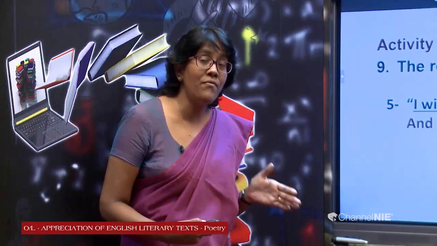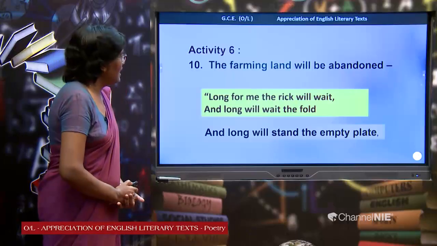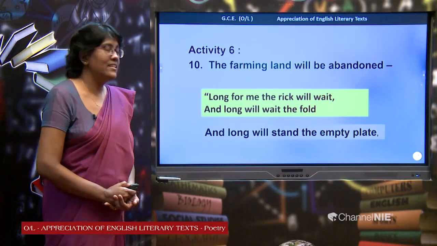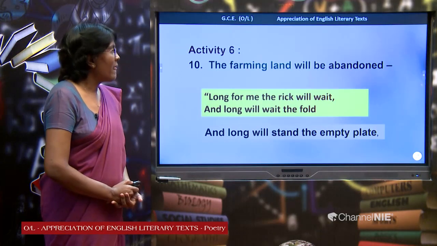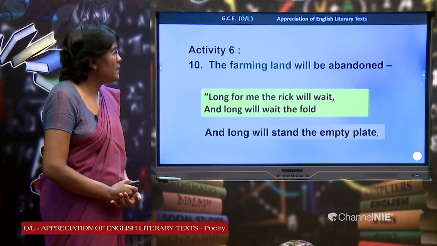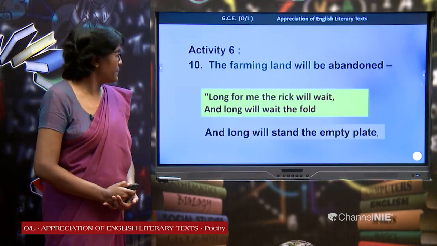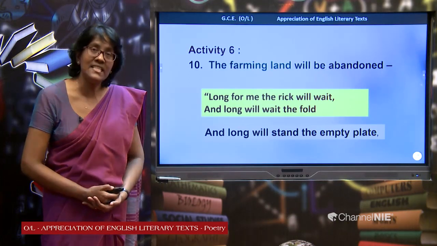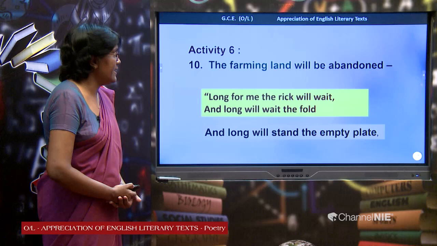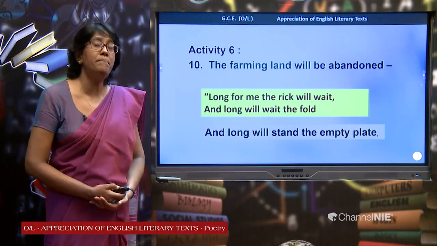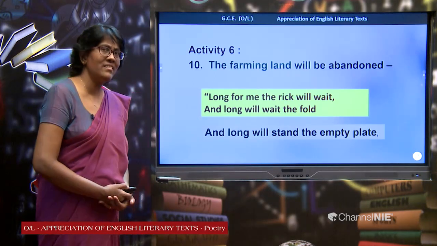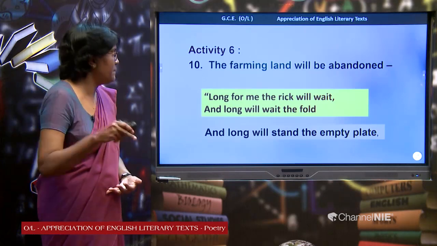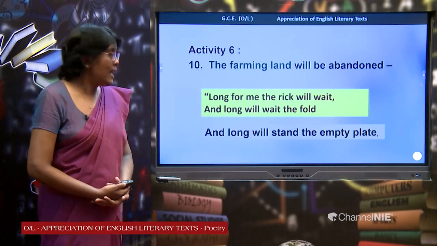Well, now look at the 10th question. The farming land will be abandoned. This is very important. The 10th idea, the farming land will be abandoned. What do you mean by abandoned? Just to give up the place. You can understand?